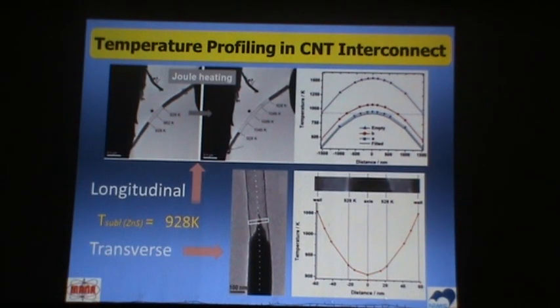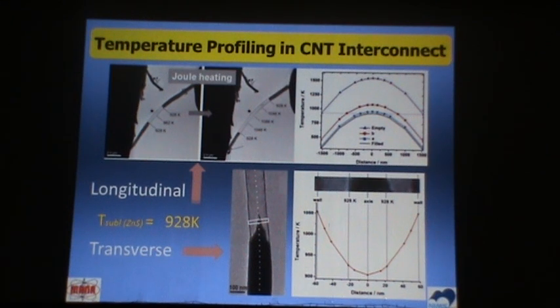And by knowing the boundary conditions, that these electrodes are massive gold parts so we assume they are at room temperature, and by knowing that the starting front of the melting is 928 K or 653 centigrade, we can recalculate the temperature gradient either along the tube or across the tube.